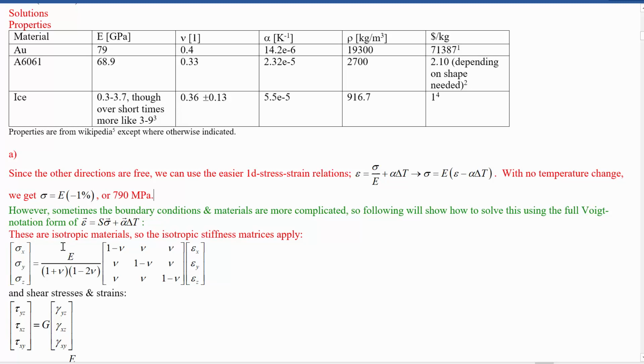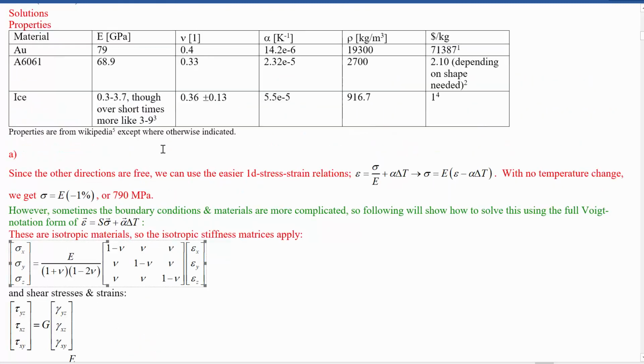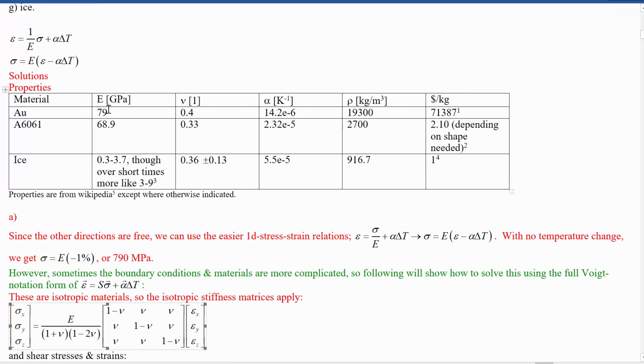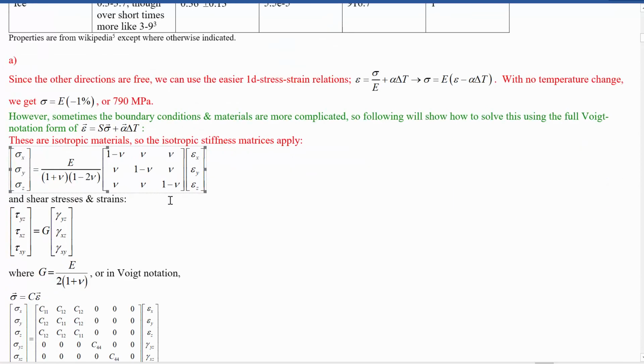Well, how do we reconcile that with the picture of the full matrix equation in Voigt notation that we had earlier? So when we're saying that the strain is equal to compliance matrix times sigma plus alpha times delta T. Well, for an isotropic material like these metals in non-single crystal form, or this amorphous solid here, ice, where it's the same in every direction, we don't have anything special going on in X versus Y versus Z material parameter wise.